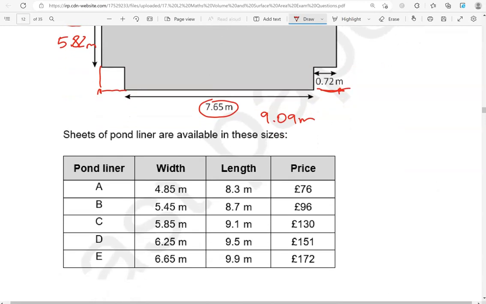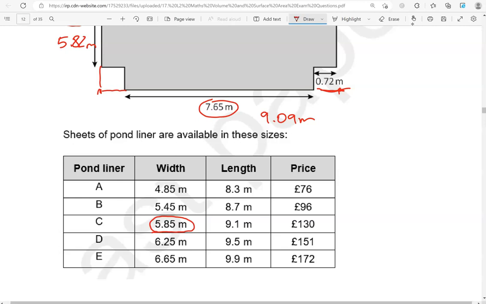So width 5.82. So from C onwards, so C, D and E would be long enough, or wide enough, I should say.